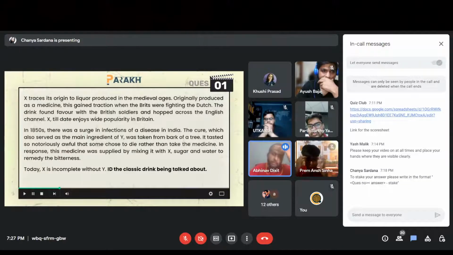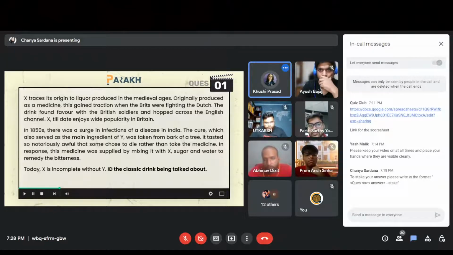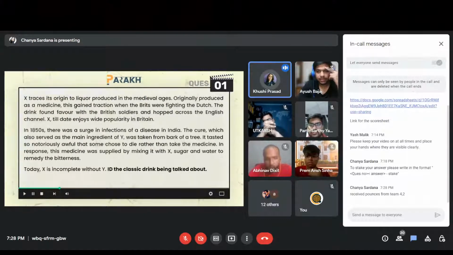Just a second. How do we pounce in the chat? You just have to tag any of the admins and write your answer on the WhatsApp group. Okay, so we are closing the pounce window in 5, 4, 3, 2, and so the pounce window is now closed. Team 1.